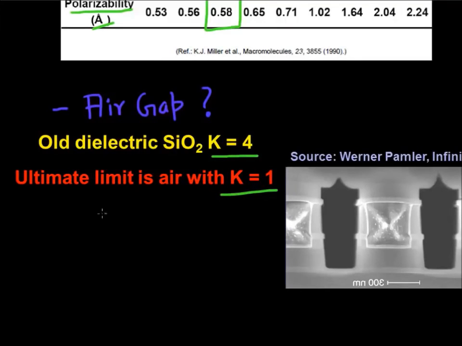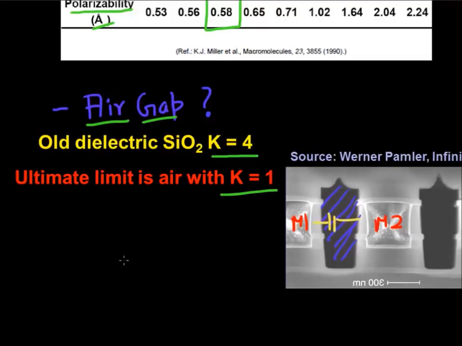And how people introduce this air in the back end of the line flow is by introducing these air gaps. In one of the homework problems, we will discuss the different ways we can introduce the air gap. But shown here is this picture. These are the two metal lines, and you have an air gap between them. This region is essentially air, and that reduces the capacitance between these two metal lines.